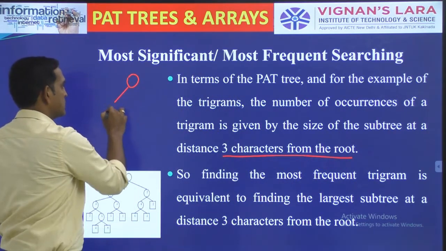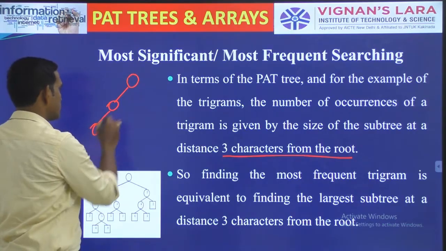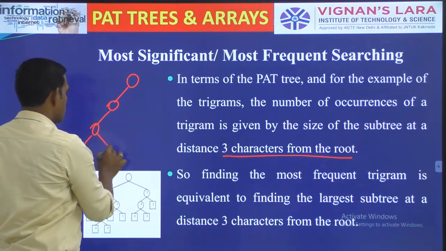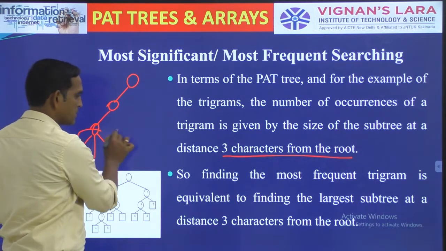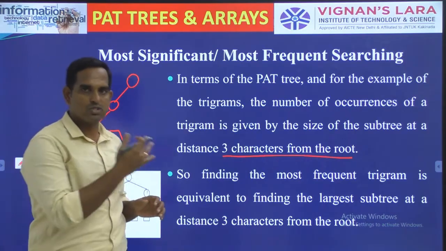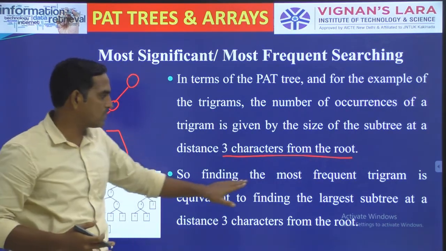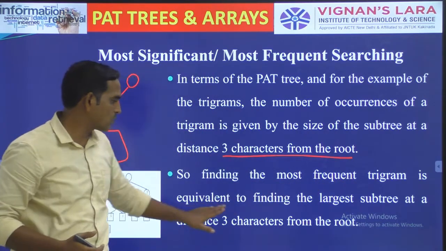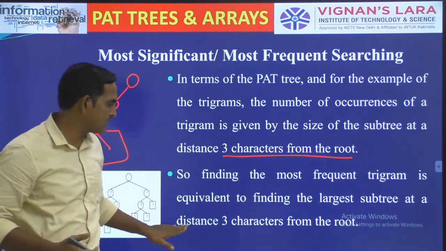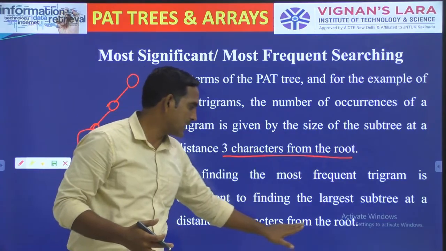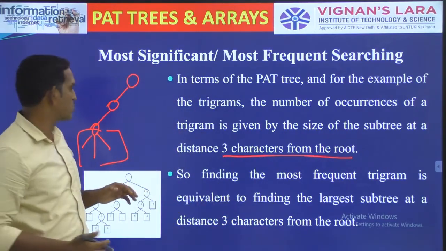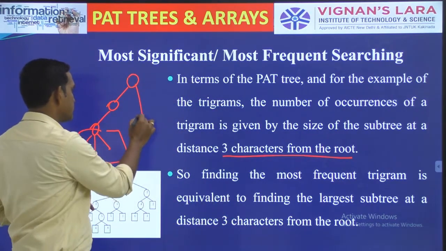So we have to take 3 characters from the root node, that is 1, 2, 3. From this position, you have to find how many times the particular thing is present. So finding the most frequent trigram is equivalent to finding the largest subtree at a distance of 3 characters from the root node. So we have to find the largest subtree.